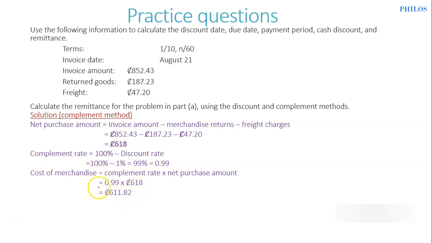So from here we can find the remittance to be the cost of the merchandise plus the freight charges. When we add the cost of the merchandise, 611.82, to the freight, 47.2, we get 659.02, which is the same as using the discount method.